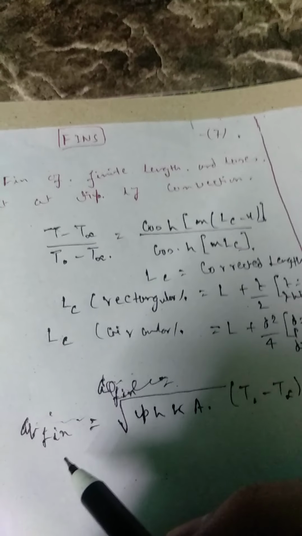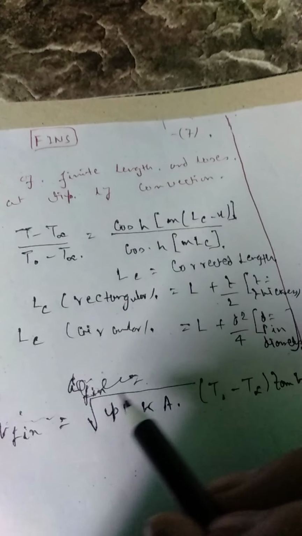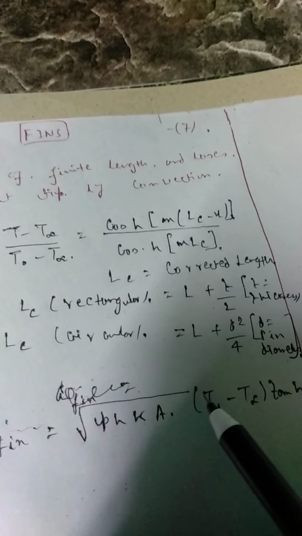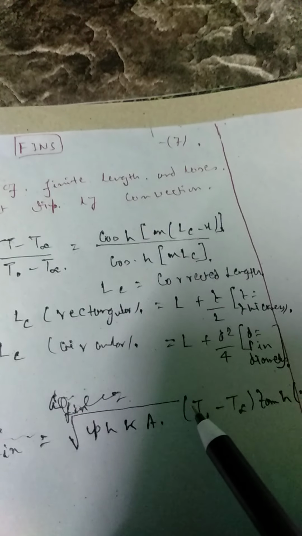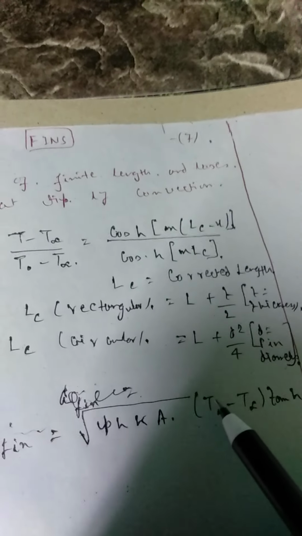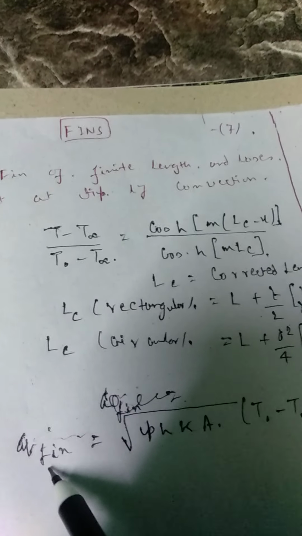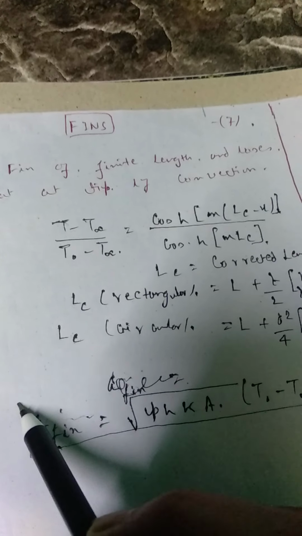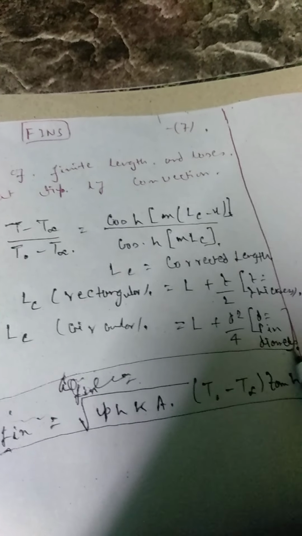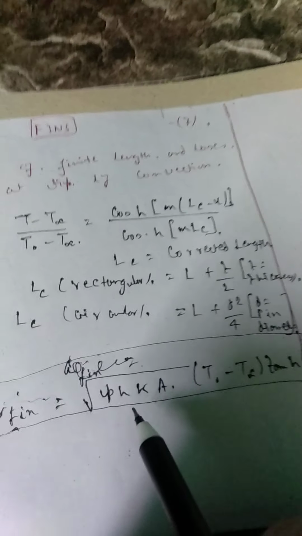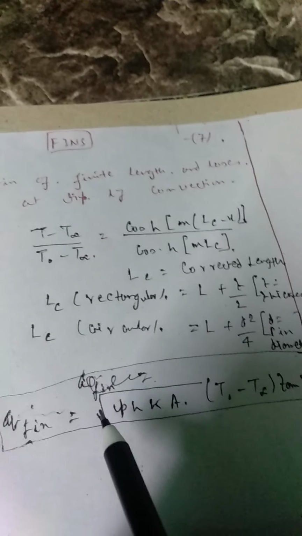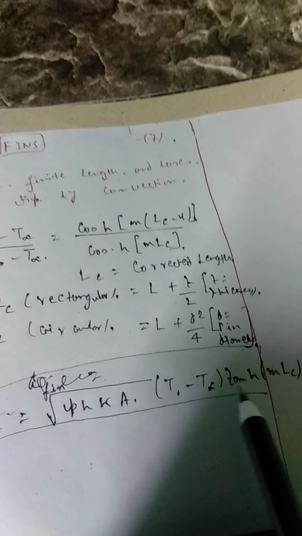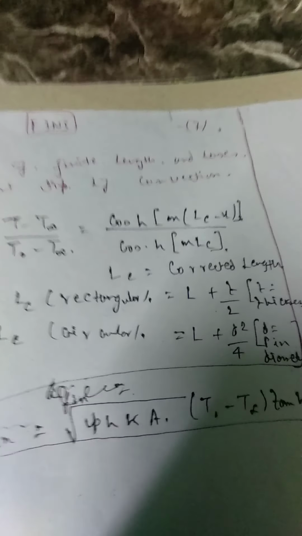I hope you know these dimensions. So this is the heat conduction through this fin of finite length, which loses heat through convection at the tip. This is the final formula for heat conduction through this type of fin: Q fin is equal to under root of P h k A (T naught minus T infinity) tan hyperbolic m Lc.